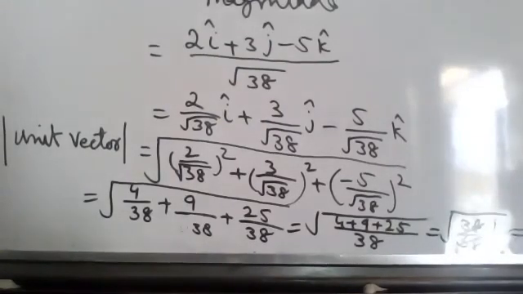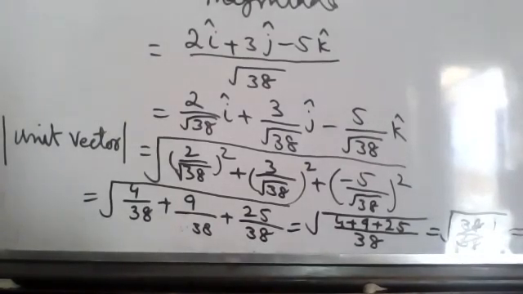The vector will be multiplied with -1, or we change the sign of each component. Then to find the magnitude, we take the square of the i, j and k components, add them and take the square root.